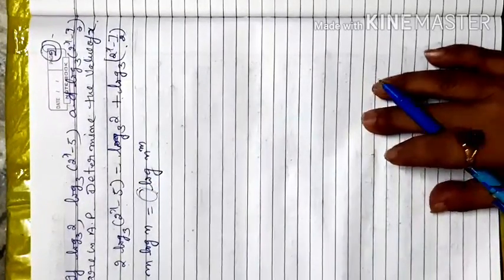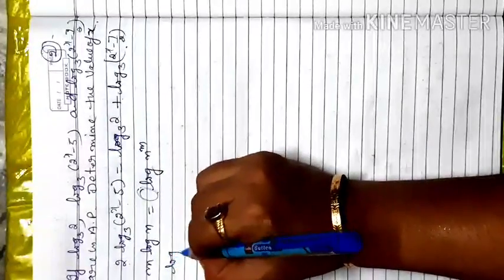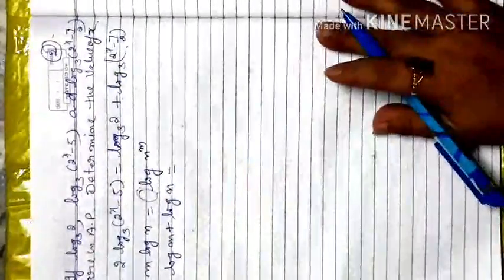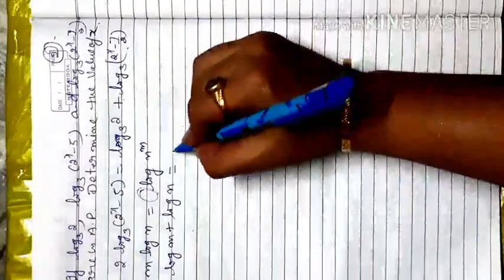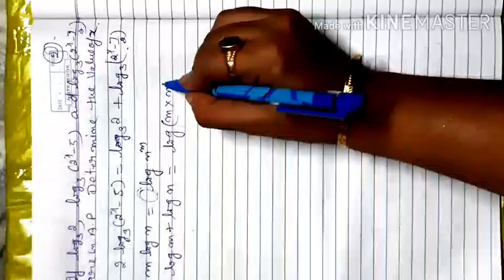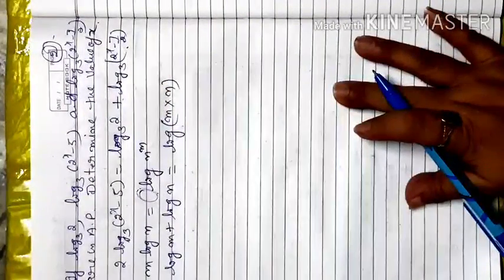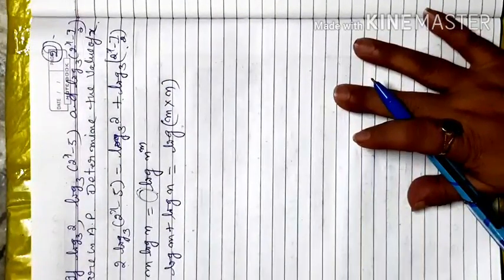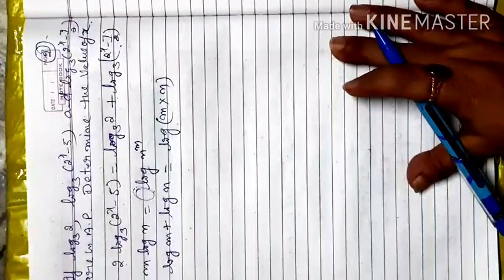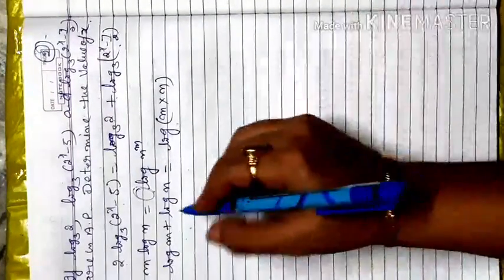Now next is log m plus log n. If log m plus log n condition is there, that means log of m multiplied by n. So you write a combined log and multiply the terms, this is the rule of logarithms. One more rule of logarithms is base changing.